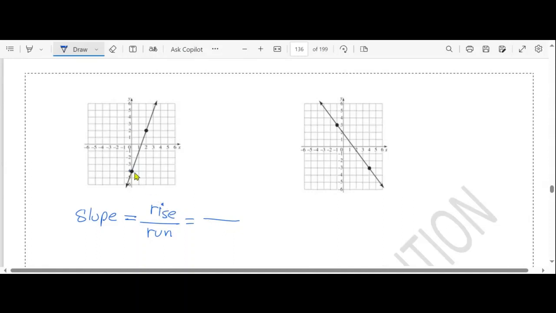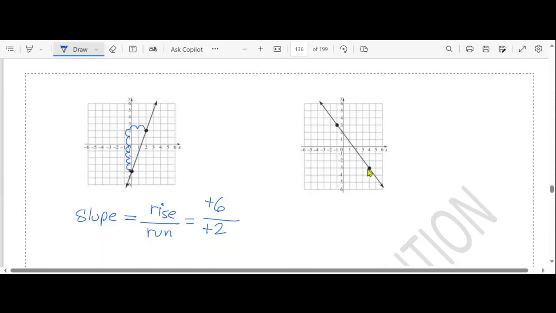So let's do it together. 1, 2, 3, 4, 5, 6. So I put 6 here. And then I go to the right. 1, 2. Okay, this one is positive, this one is positive, because this is rise up and this is run to the right.